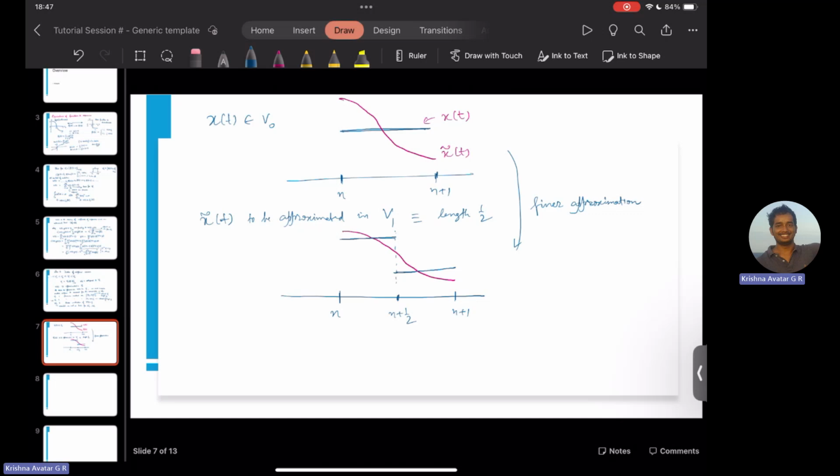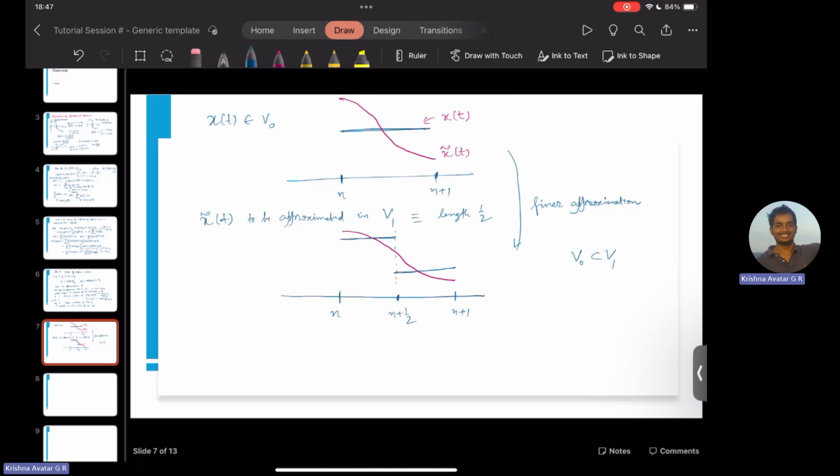Right now, from the axiom of the ladder of subspaces, we had V0 to be a subset of V1. Since we have approximated in V1 and also in V0, we want to know what can be done to the approximation in V0 to be able to get the approximation of the signal in V1.